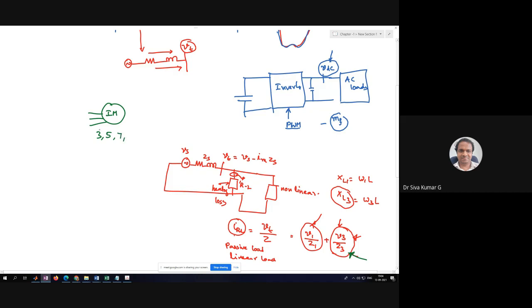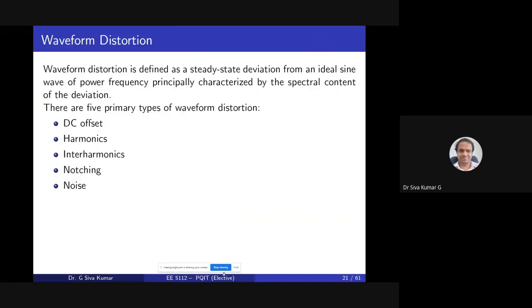Typically in our systems, these particular harmonic components do not occur. In some distribution systems, ninth and third harmonics will not be there. Why will the third and ninth harmonics not be there in a typical system?